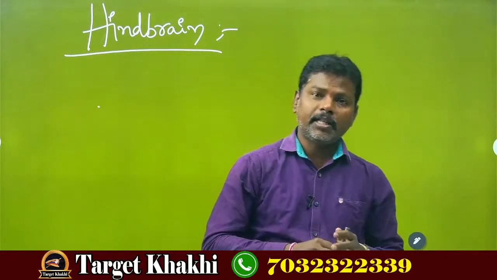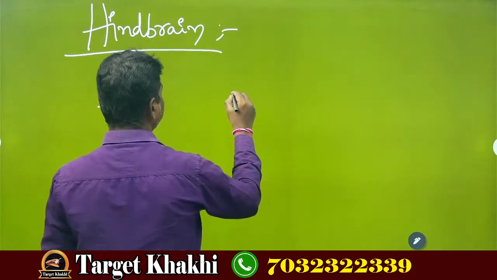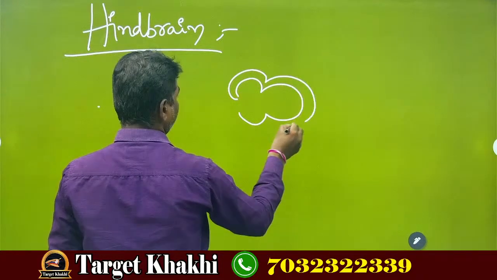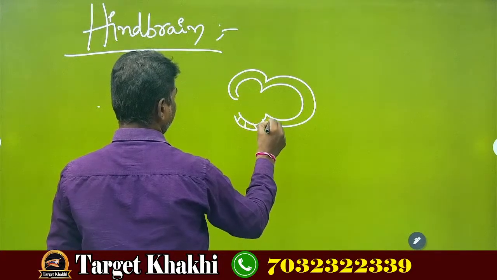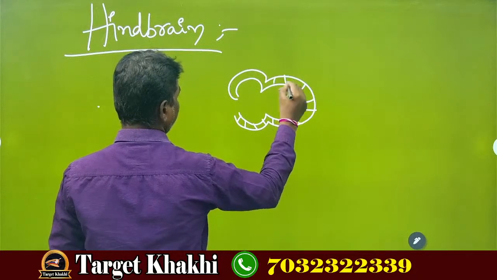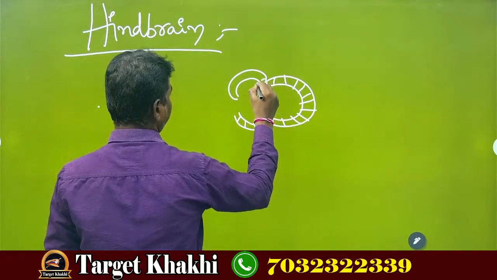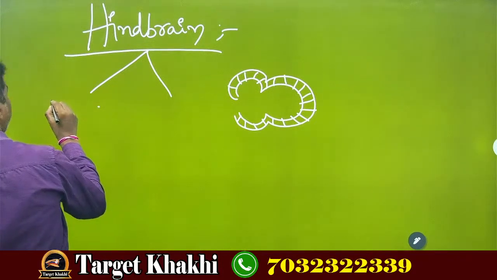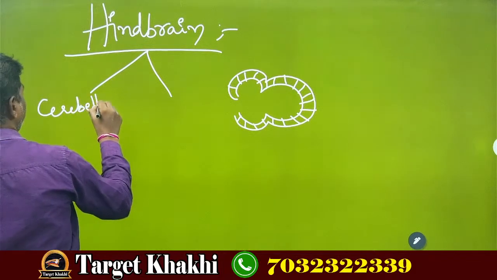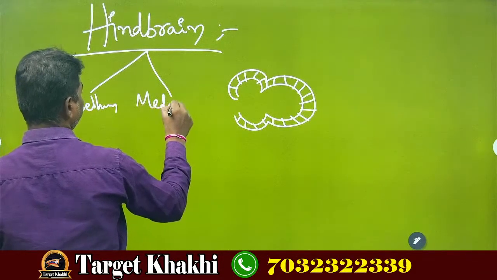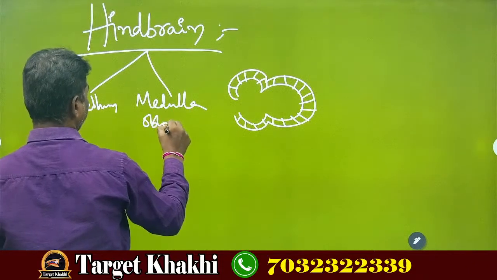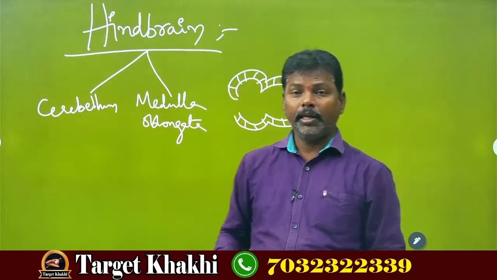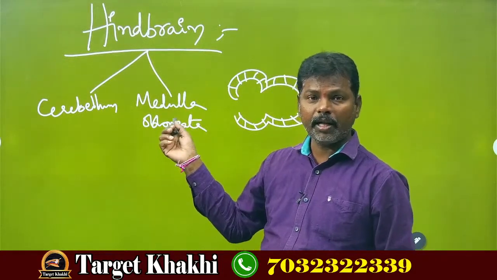So, you can see that. Hindbrain consists of cerebellum and medulla oblongata.